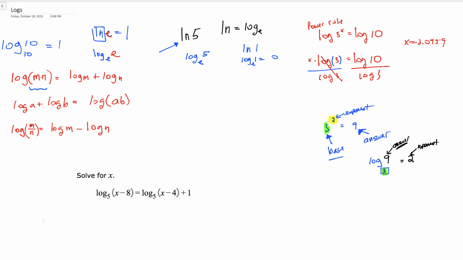Okay, so the goal to do this problem is to solve for x, right? Because it says solve for x. Now, if this problem said log 5 of x minus 8 equals log 5 of x minus 4, actually hold on, I was going to tell you something but I want to confuse you.